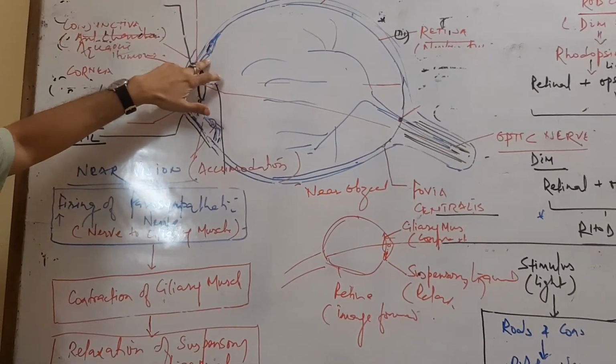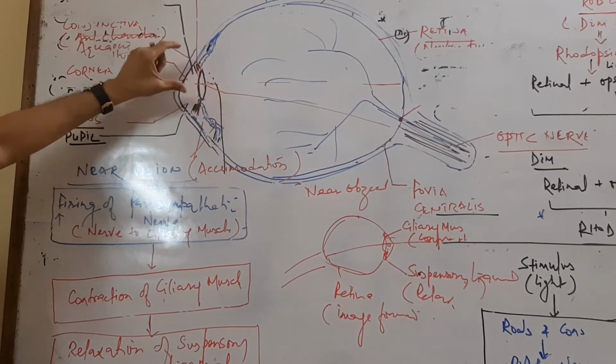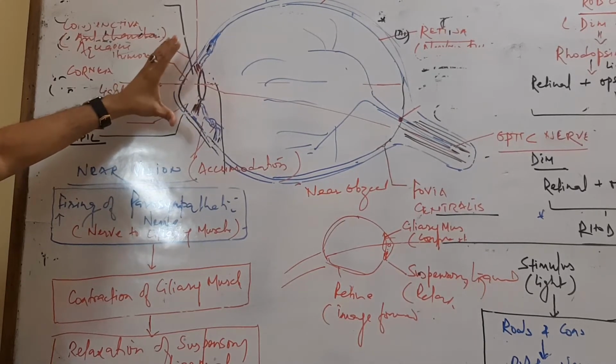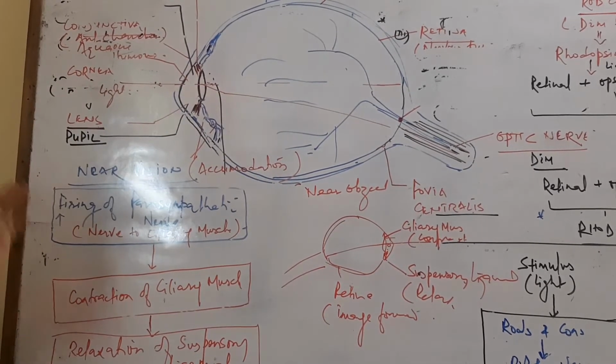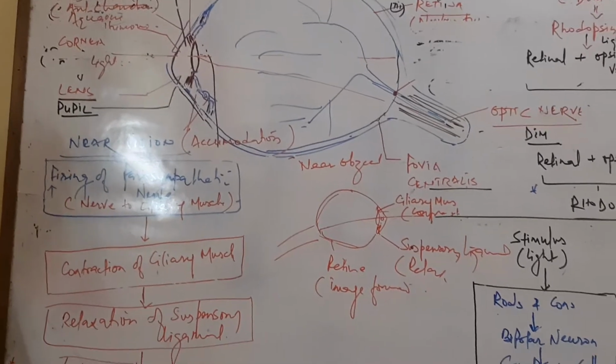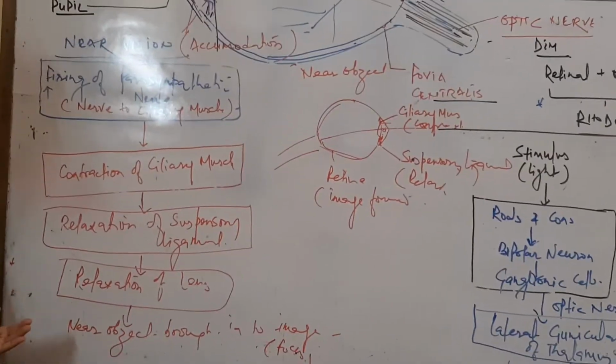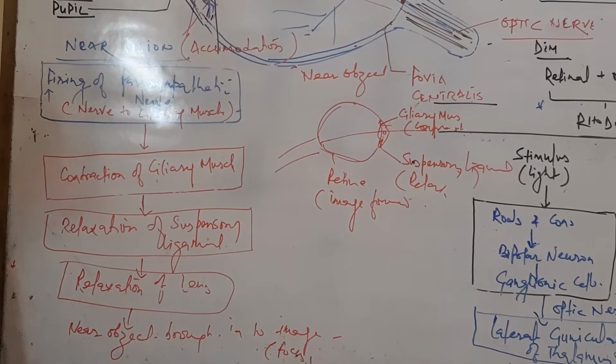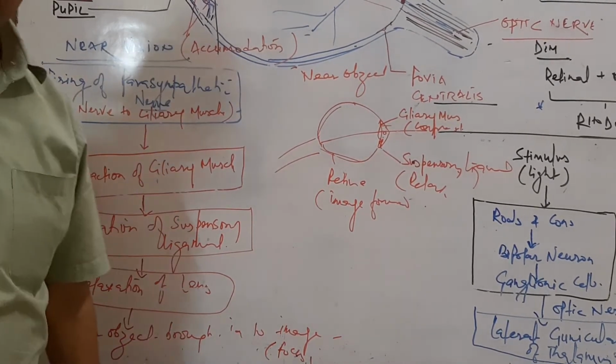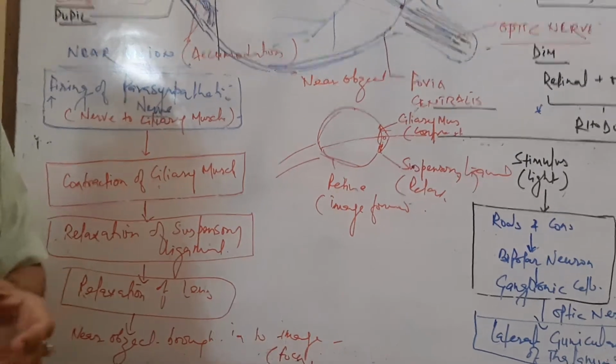With contraction of the ciliary muscles and release of the suspensory ligament, light passes through and reaches the retina where the image is formed. So ultimately the near object is brought into focus.